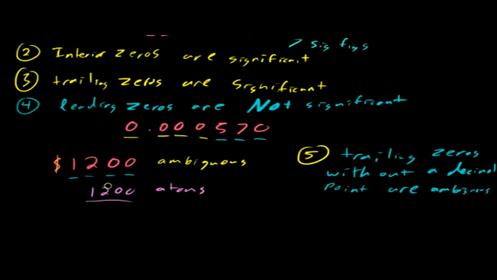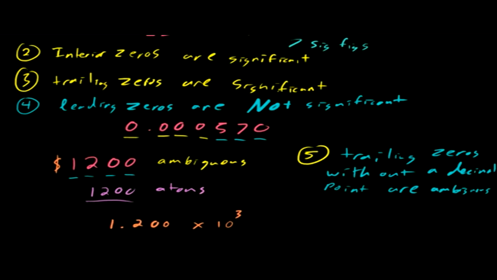And over the past couple of videos, I've been saying that scientific notation really helps us write out significant figures very effectively. And so the unambiguous way of writing 1200 would be to say that we have 1.200 times 10 raised to the third, right?